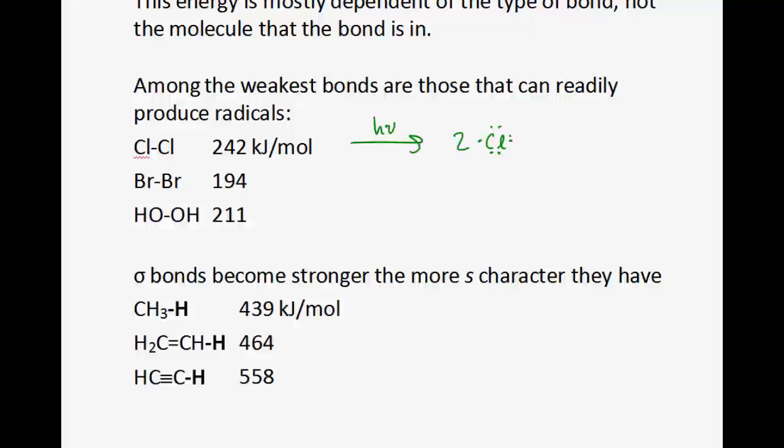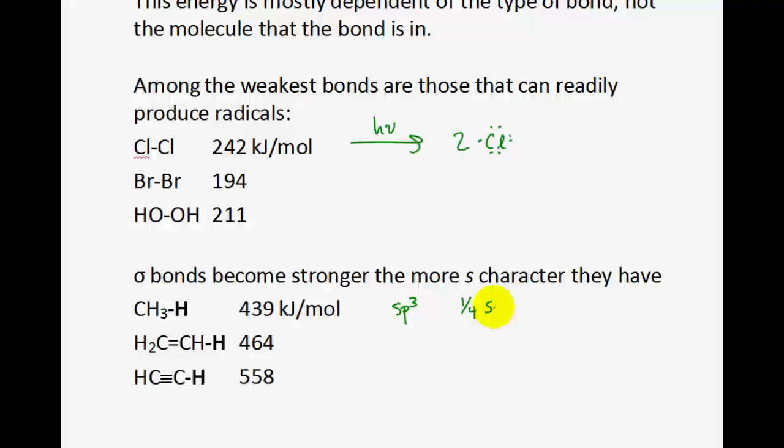Look at this trend right here. Sigma bonds become stronger the more s character they have. In CH4, the C-H bond is sp3 hybridized. It is 1/4 s character. When it's sp3, 1/4 of that came from s.